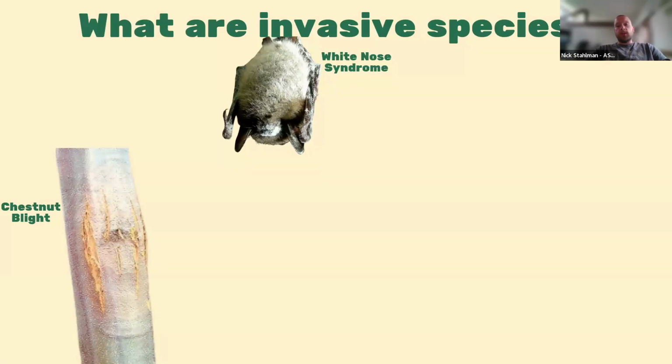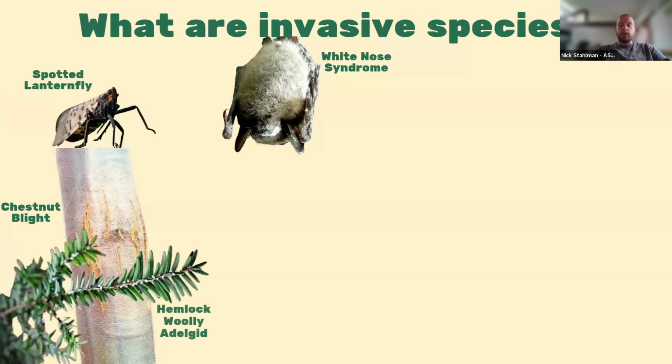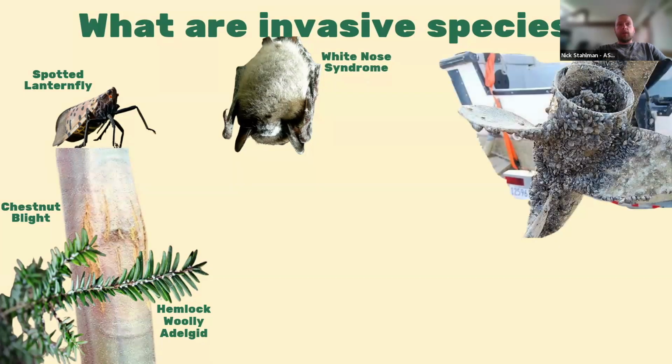Invasive species can also be insects, like our good friend the spotted lanternfly, or hemlock woolly adelgid, which is causing mass die-offs of a very important habitat type with these hemlock groves near creeks. And other animals can also be invasive, like zebra mussels, which cause hundreds of millions of dollars of damages to infrastructure, as well as loss of revenue from recreation.